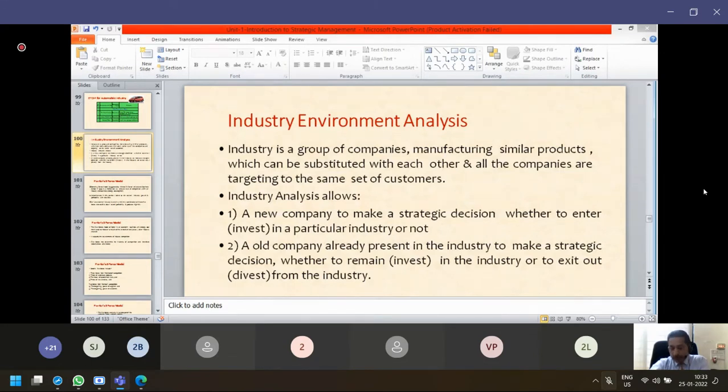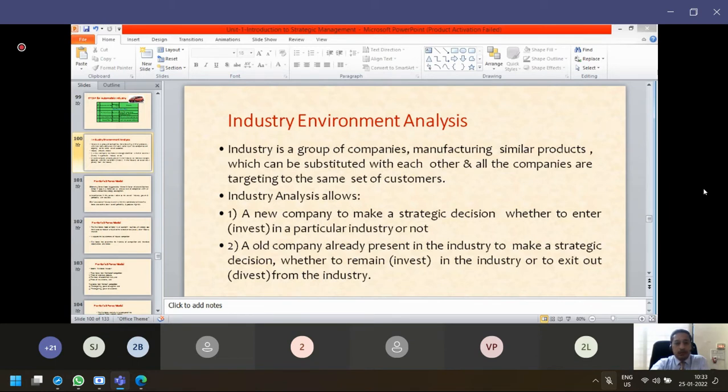So after analyzing the environment for a single company, now we'll have to look at the industry environmental analysis. Industry means the group of similar companies who are producing or manufacturing similar kinds of products and targeting the same set of customers.